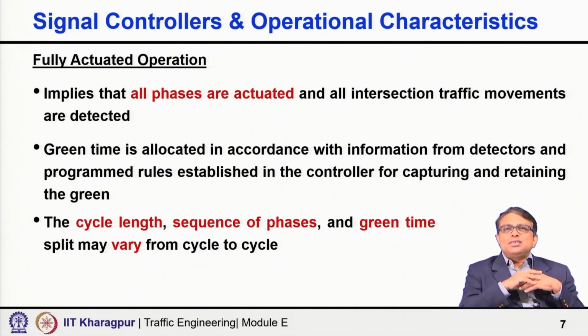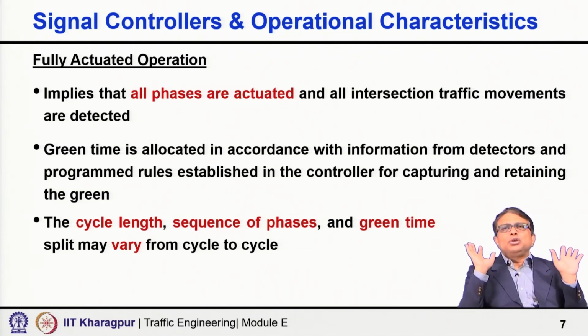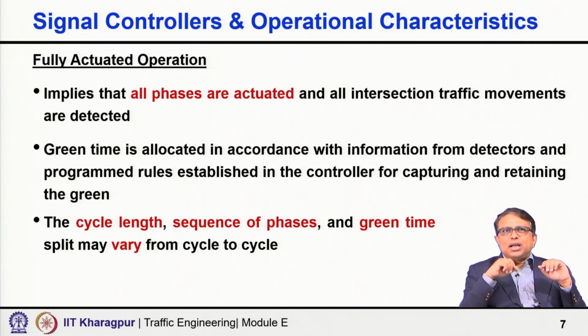Fully actuated is applicable where all the movements we are actually sensing. That means we have sensors or detectors and we are measuring traffic volume from all approaches. So, it implies that all phases are actuated, okay?